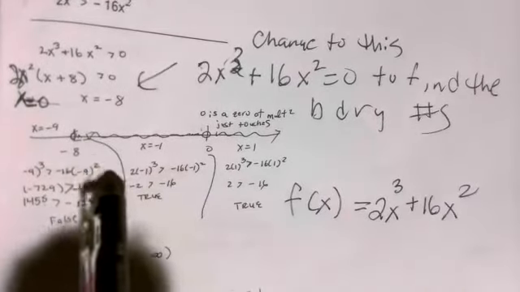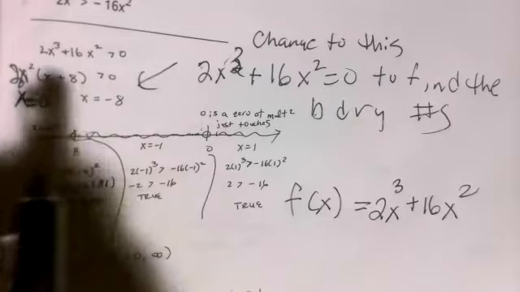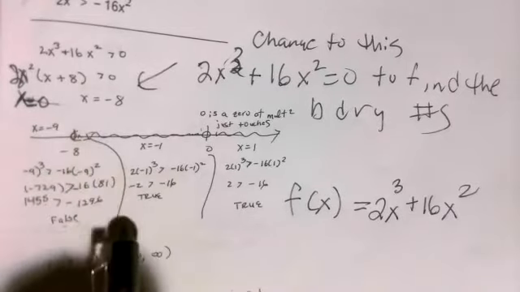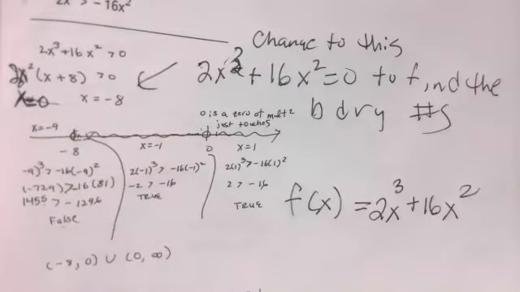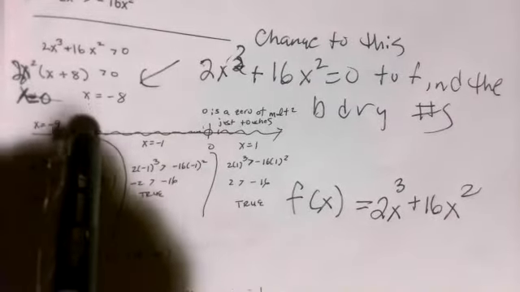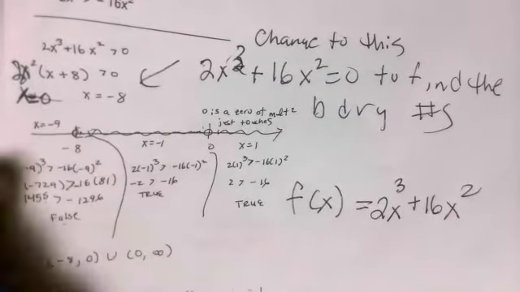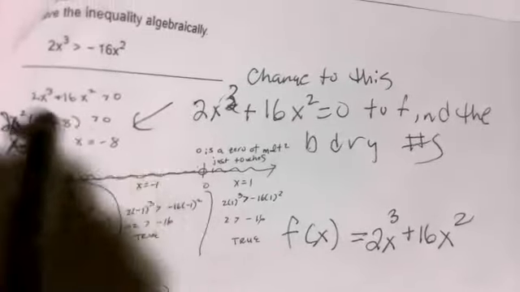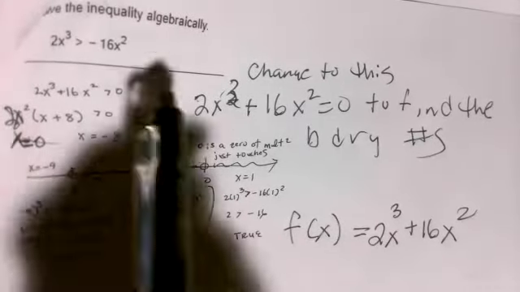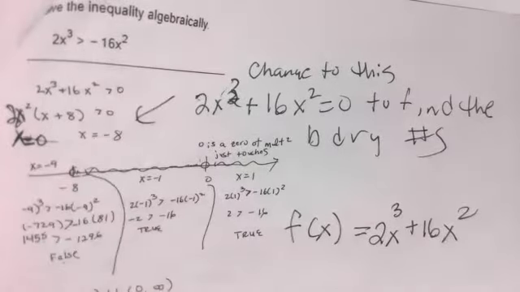And depending on the multiplicity of the 0, it's either going to cross the x-axis or it's going to touch and turn around. So what may happen at the boundary number is this inequality may change from being true to false or false to true.